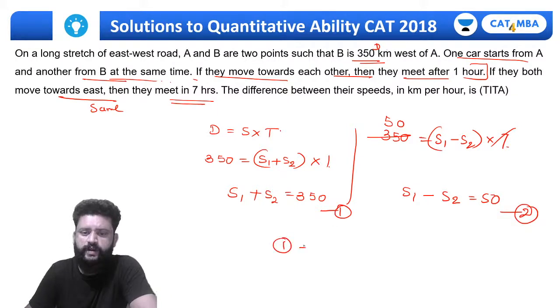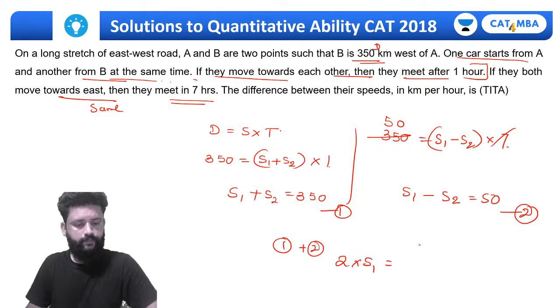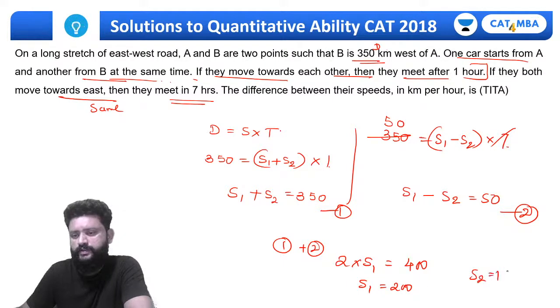We add equation 1 plus 2, you get twice of S1 as 400, so S1 must be 200 and S2 must be 150.